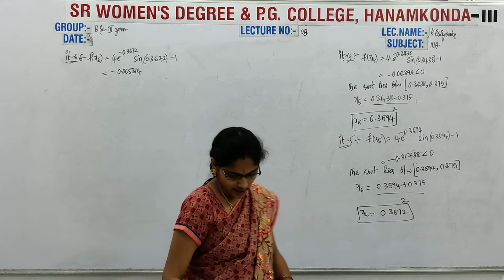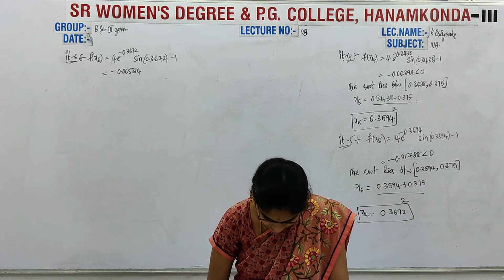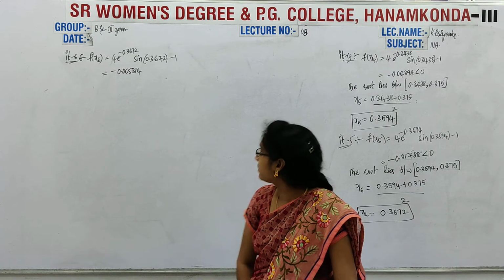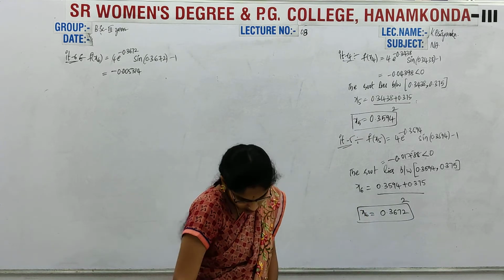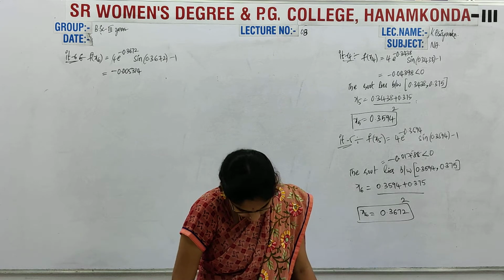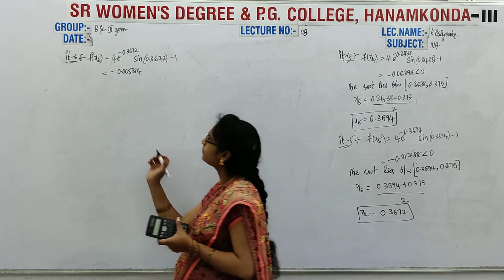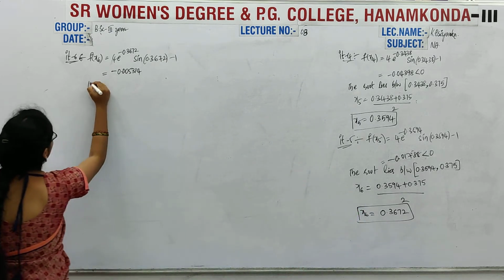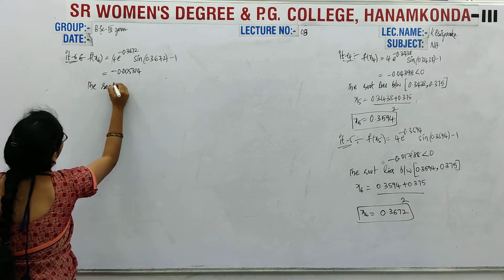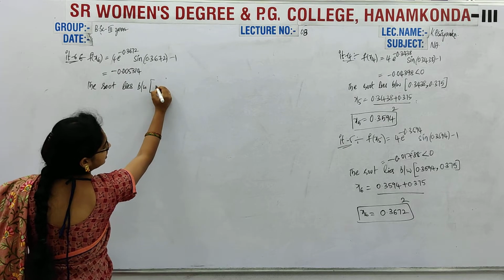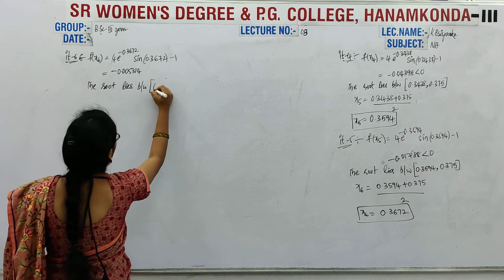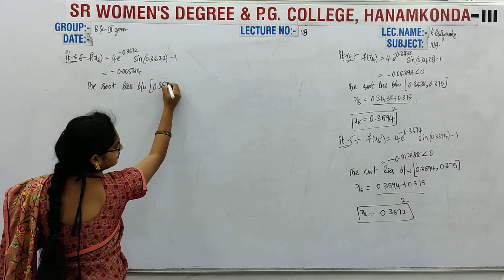Okay. So actually for this one I took in a different way. I am comparing the values. We have that x6, 0.3672. Yes, correct only. Now it is negative means the root lies between. It is negative, so we have to ignore the first value.